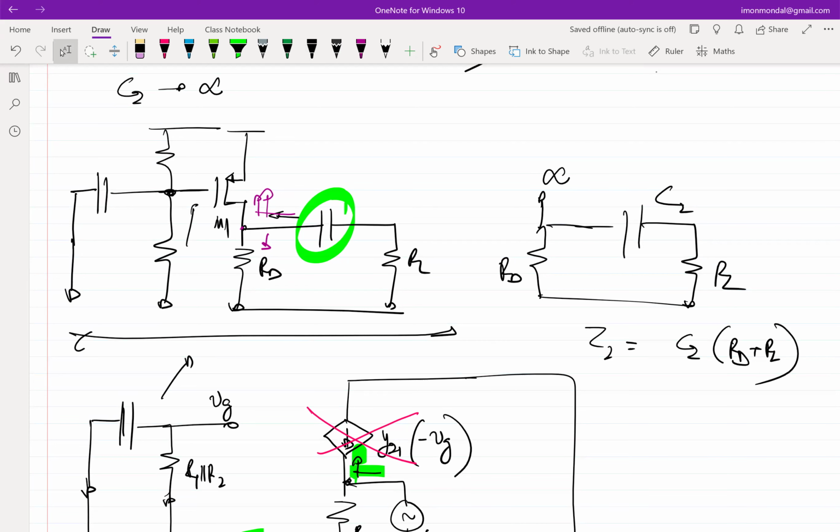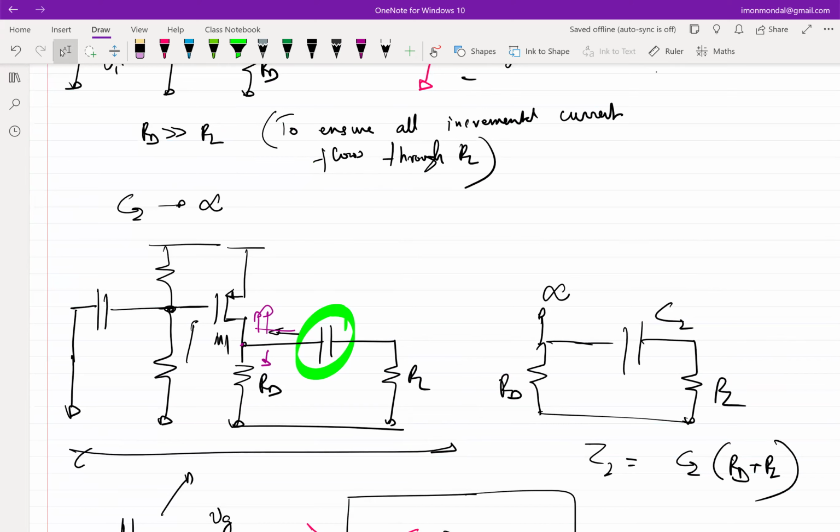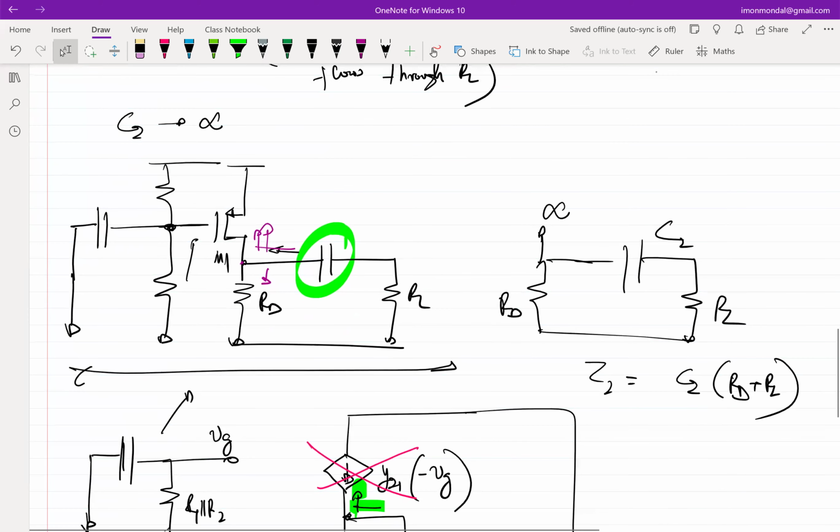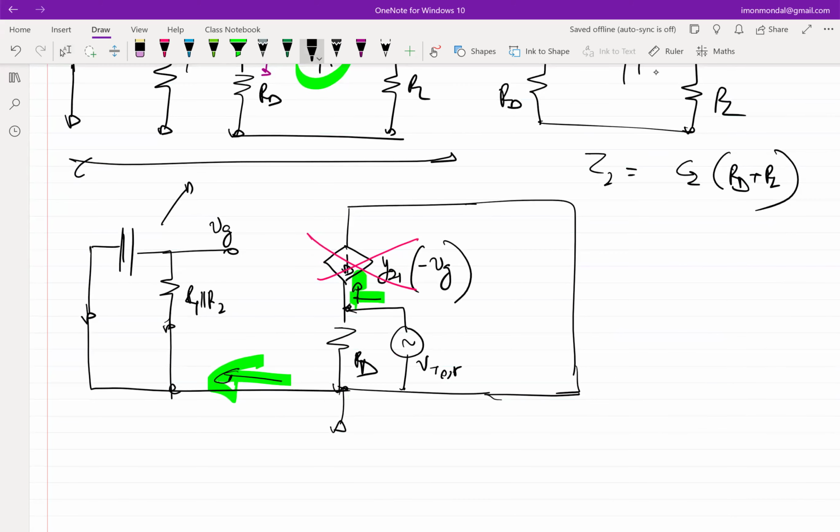When we have to size the value of capacitor C2 to ensure that C2 behaves like a short circuit at signal frequencies, all we have to ensure is that this time constant, C2 times RD plus RL, is much greater than 1 over omega naught. So this is the constraint that comes from the output side of the amplifier.